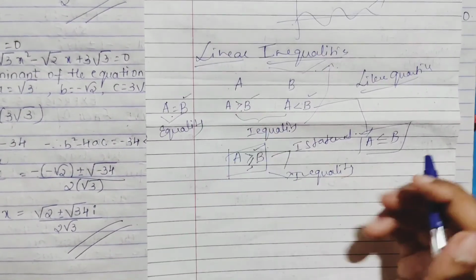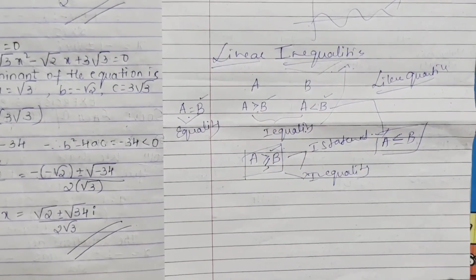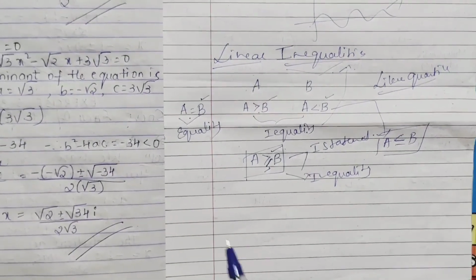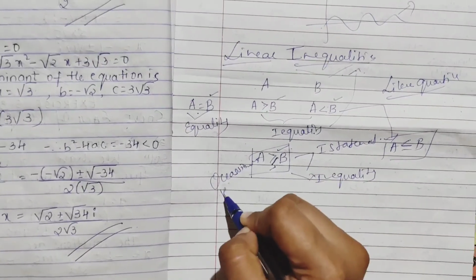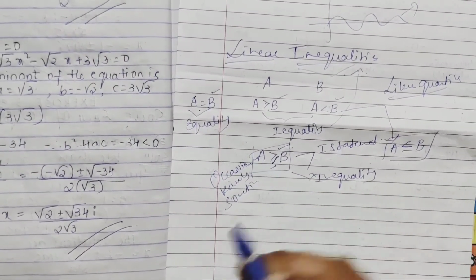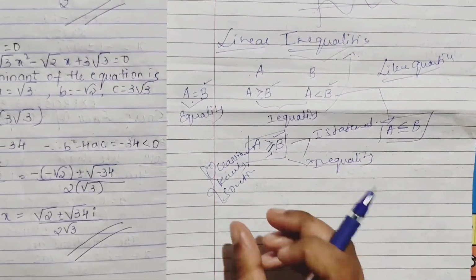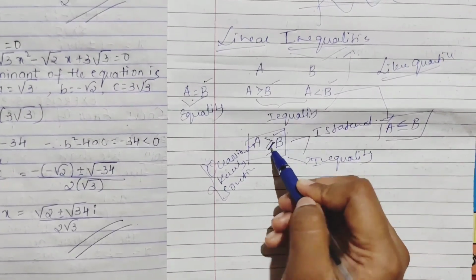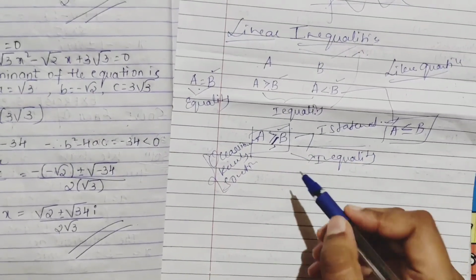If it is not equal, it will be less than only, right? So we call it inequality. You may ask, the equal sign is there, so why are you calling it inequality? Because occasionally, sometimes it will be greater than or equal to. So this also lies in inequalities.